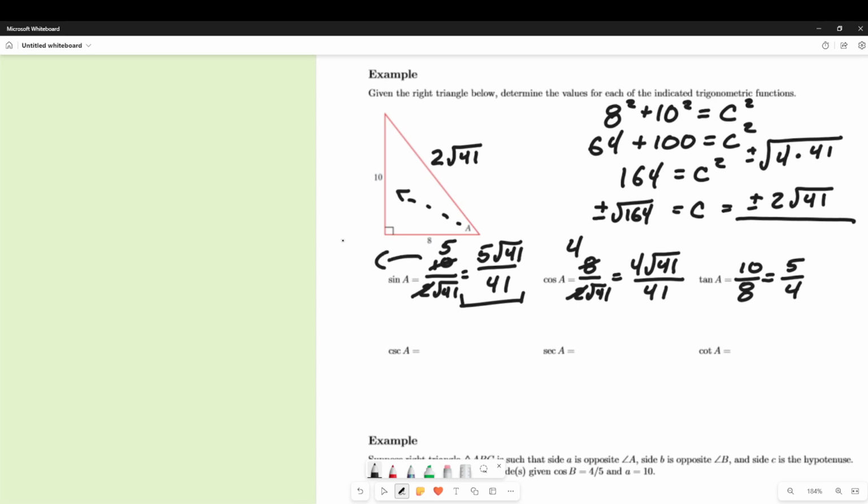This was 5 over the square root of 41 before we rationalized it, so just take the reciprocal of that version of it. Save you some work. Same thing over here, square root of 41 over 4, since secant is the reciprocal of cosine. And cotangent, reciprocal of tangent, so 4/5.